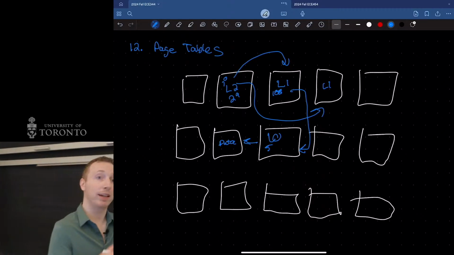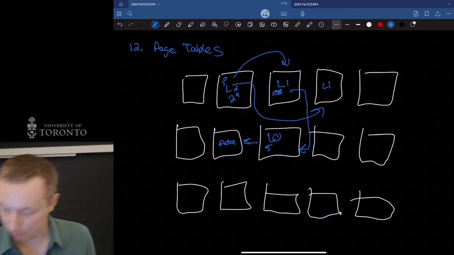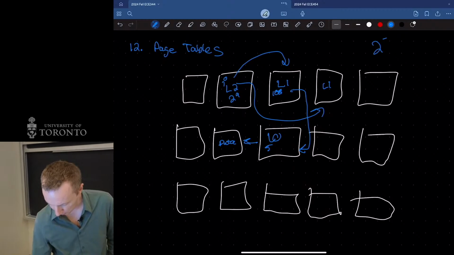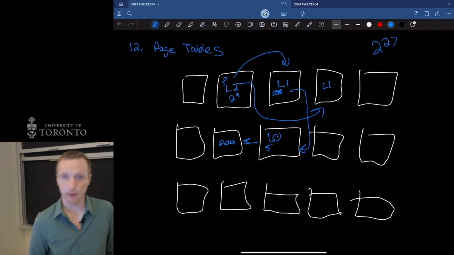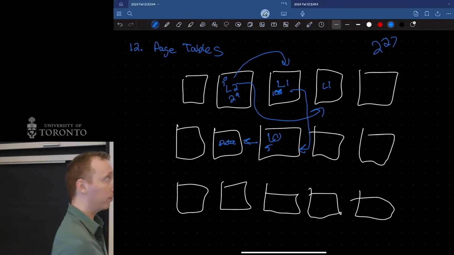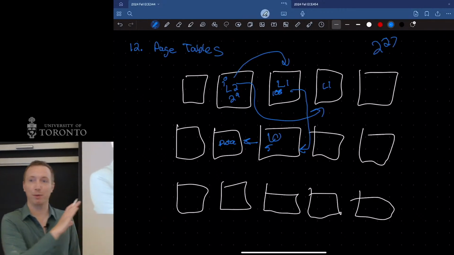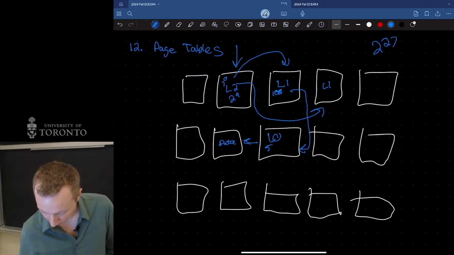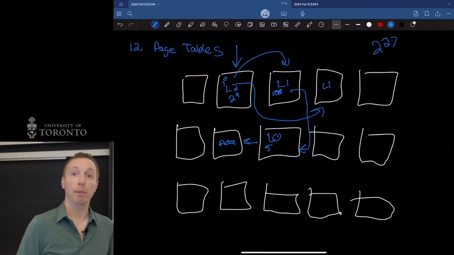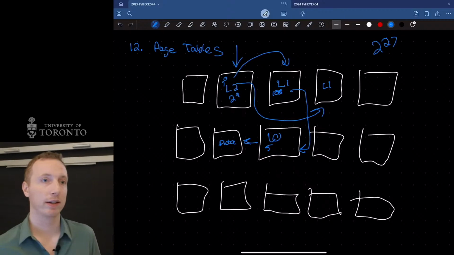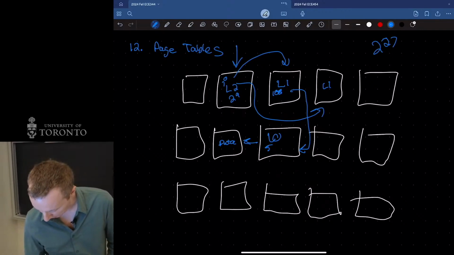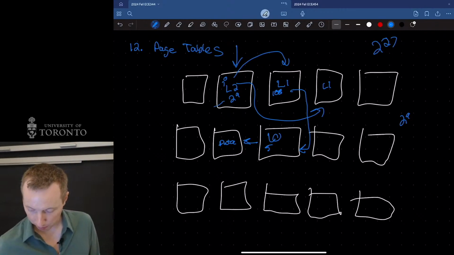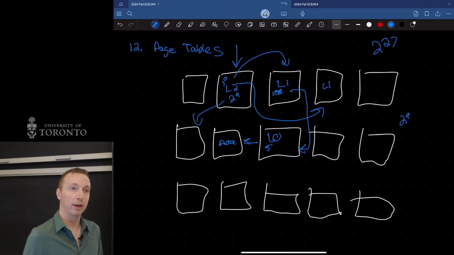And this doesn't give me any fewer indexes I could have. Before, I had 2 to the 27. This is a bit more roundabout, but I don't have any fewer indexes, because in this L2 page table, how many different entries are there? 2 to the 9, right? And for each of those, this could point to up to 2 to the 9 things.